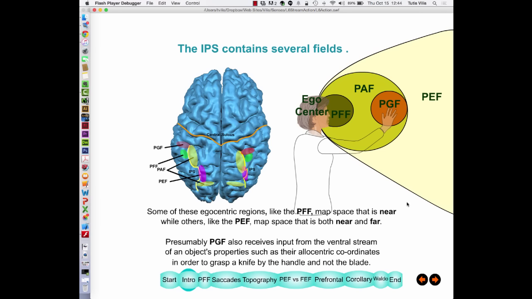And then finally we have the grasp field, which gives information not only from vision but from the what stream, because that tells us what the object is. Again, what the IPS does is very similar to what the parietal and temporal occipital cortex does.